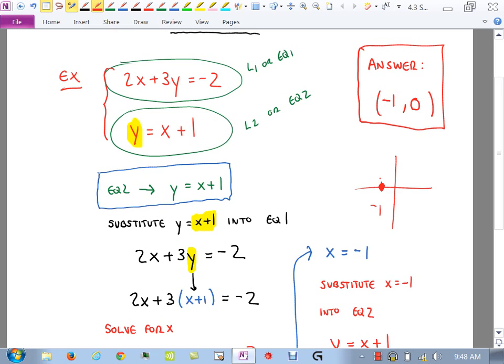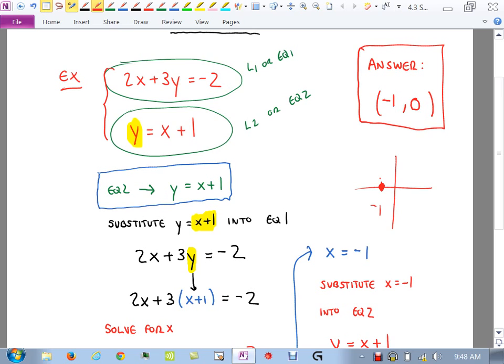Yes. Now, let's try the same thing here. Plug in 0 for y here, and then here plug in -1 for x. -1 plus 1 is 0, so it's true. So we have found the point that satisfies both equations simultaneously without any graphs. Questions?